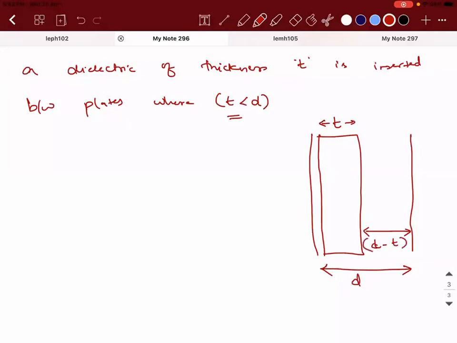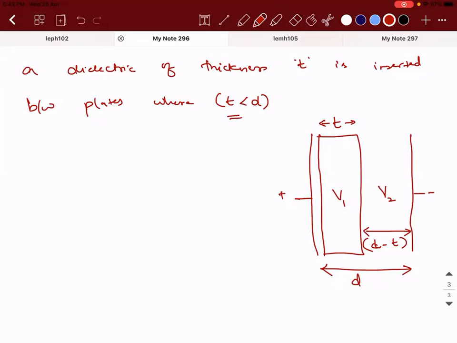D minus T. Is that clear? Now, if I apply a total potential difference of V volts across the ends of this capacitor, can I say V1 volt is taken by the dielectric, and the remaining V2 volt is taken in the air medium?